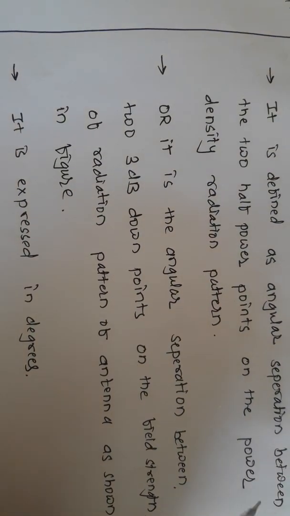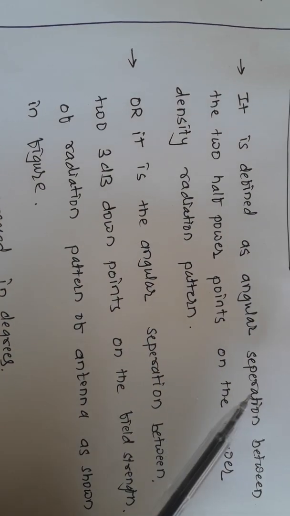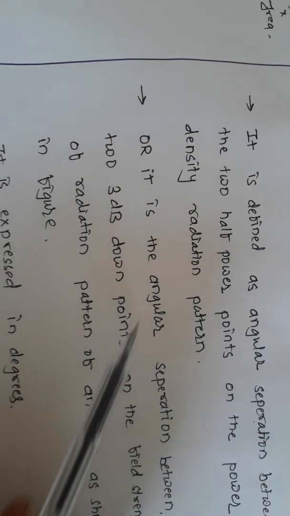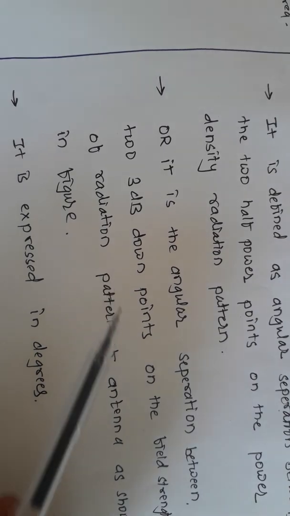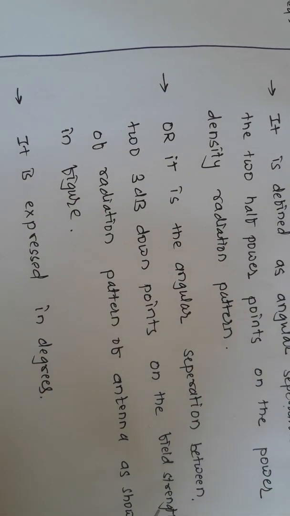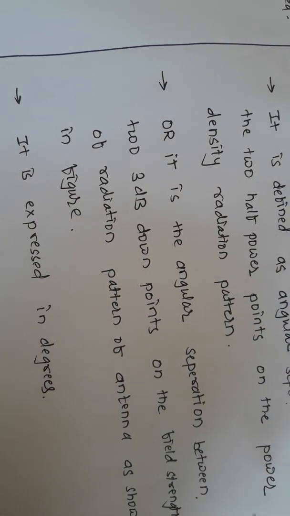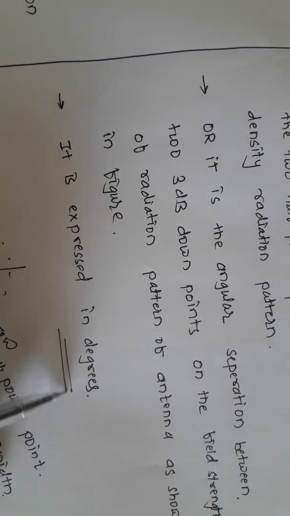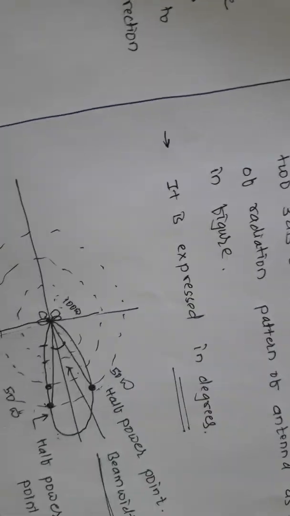So you may define antenna beam width as the angular separation between two half power points, or the angular separation between two 3 dB down points on the field strength radiation pattern or the power density radiation pattern. It is always expressed in degrees, as we discussed.